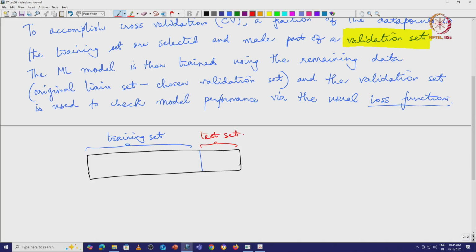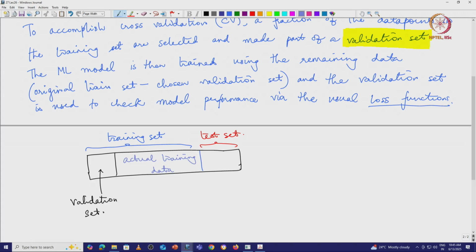And now what we are doing is we are taking a subset of this, and then we are using this as a so called validation set. So the actual training takes place with this data. So this is the actual training data, right. So I hope visually this tells you how the cross validation procedure works.